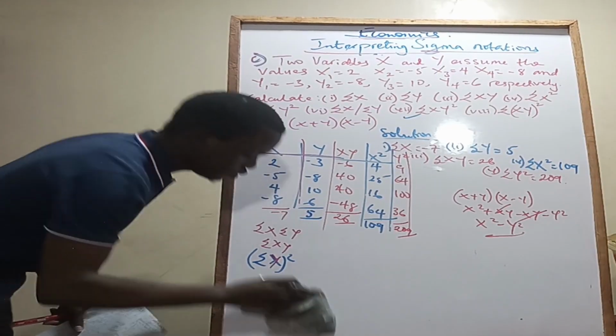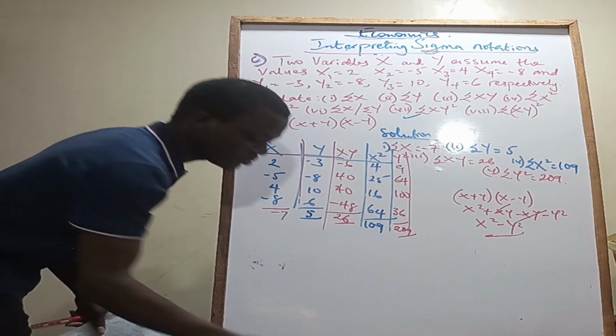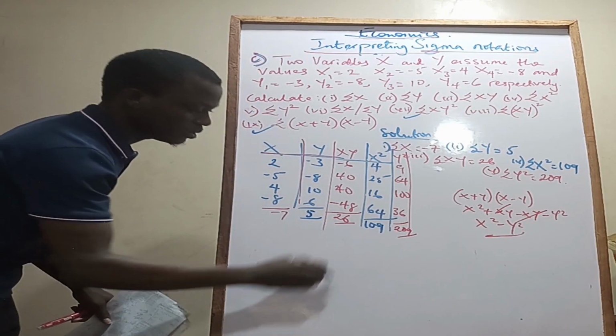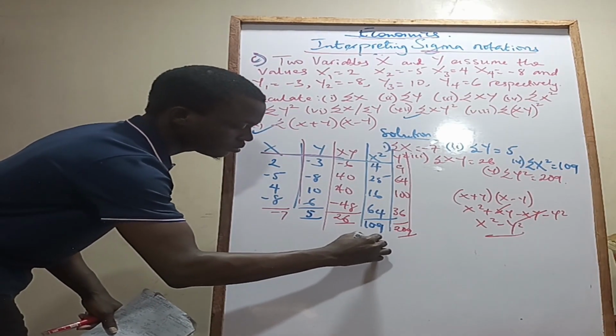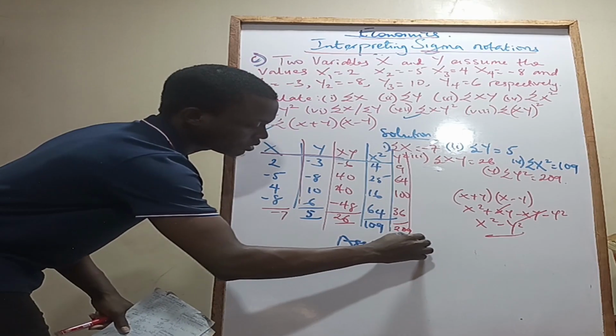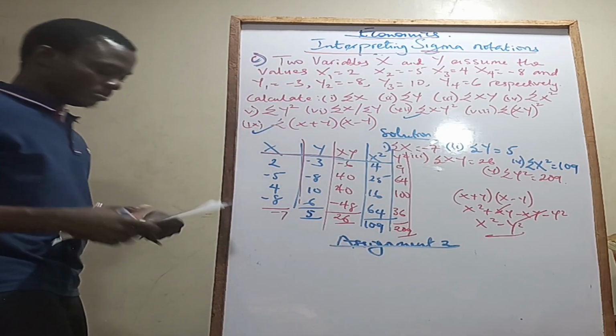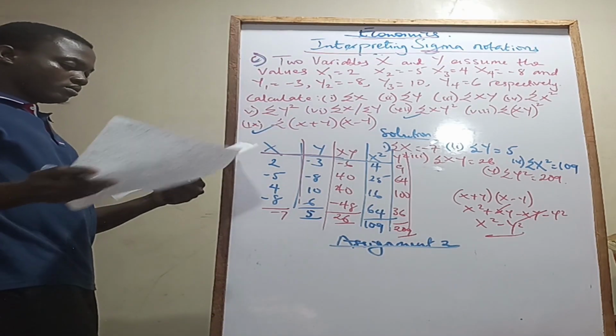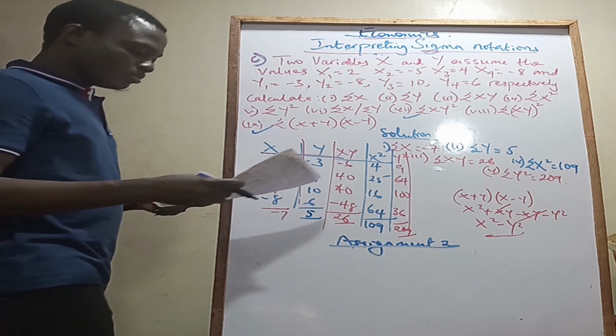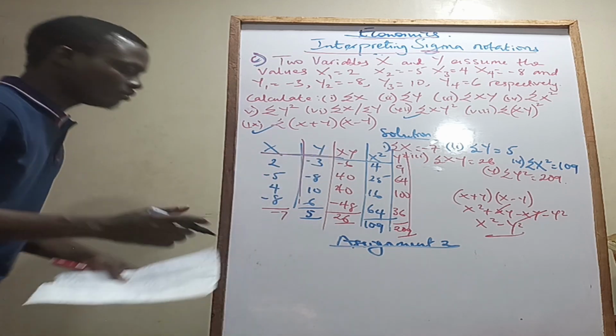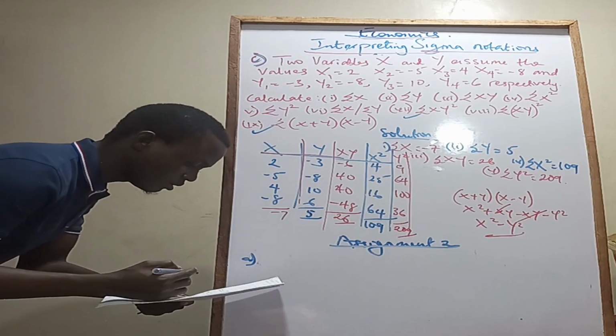Then your assignment 2. So we'll go back to where we started from today. So you have to write out the terms of the following. Write out the terms of the following.